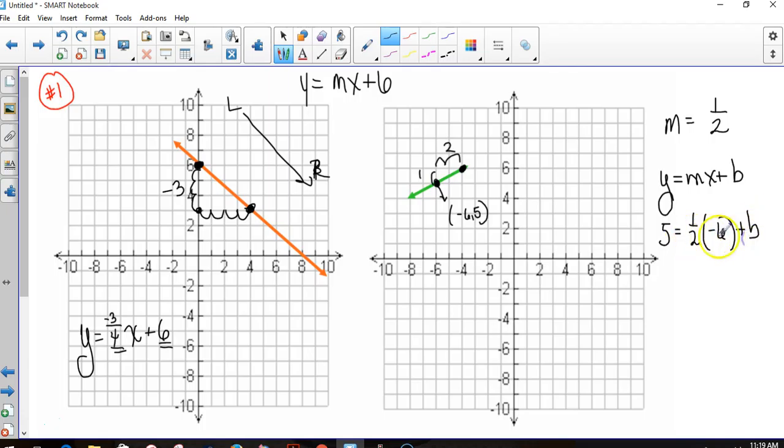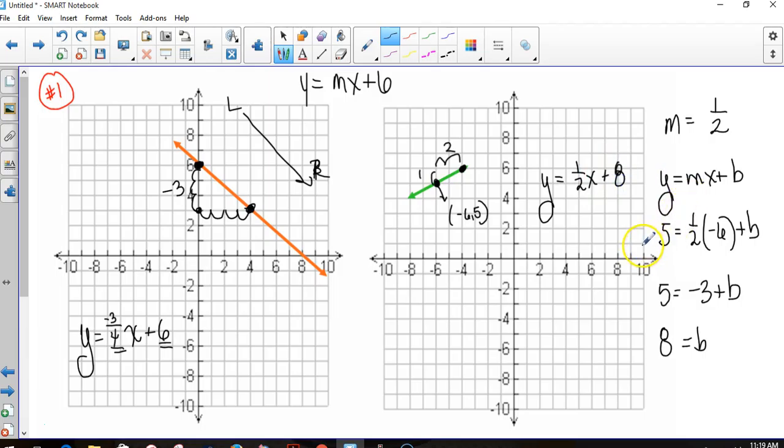And now I can find b by just solving this one-step equation. And I would get b is equal to 8. And so the equation of this line would be y = 1/2 x + 8.